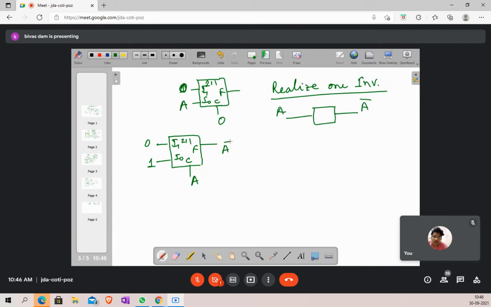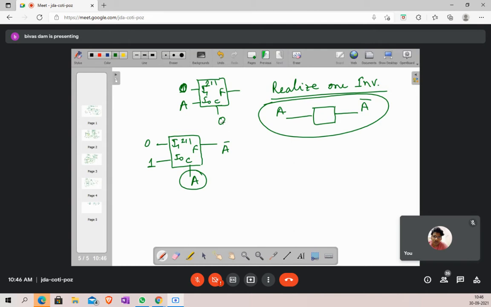What is the requirement of this input-output relationship? When A is 0, I should get a logic 1 output. When A is 1, I should get a logic 0 output. To achieve that, I must connect the input variable to the control input line.